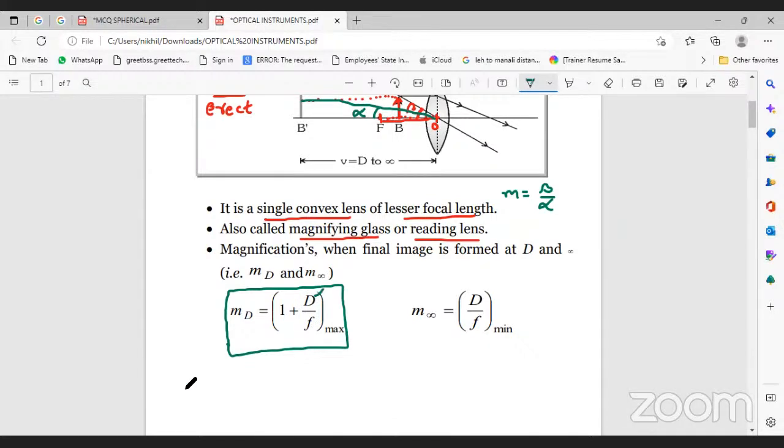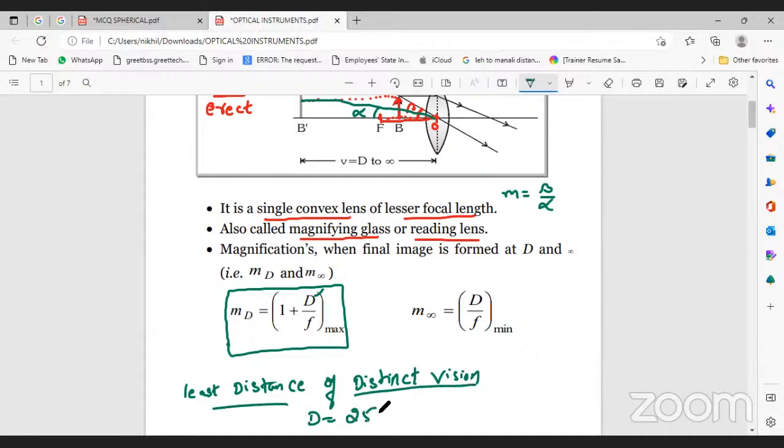D is called the least distance of distinct vision for the normal human eye. For the normal human eye, the least distance is 25 centimeter. If the human eye uses an object closer than 25 centimeter, it cannot get a proper clear image.